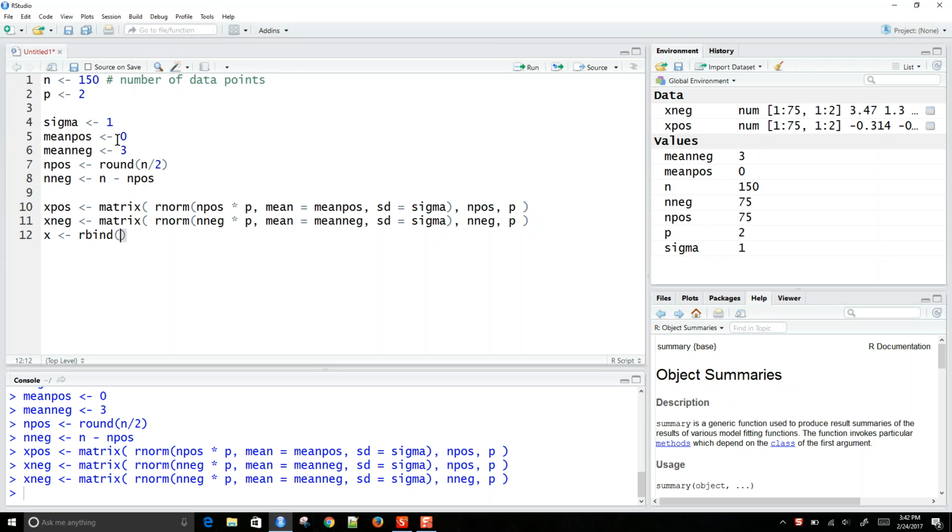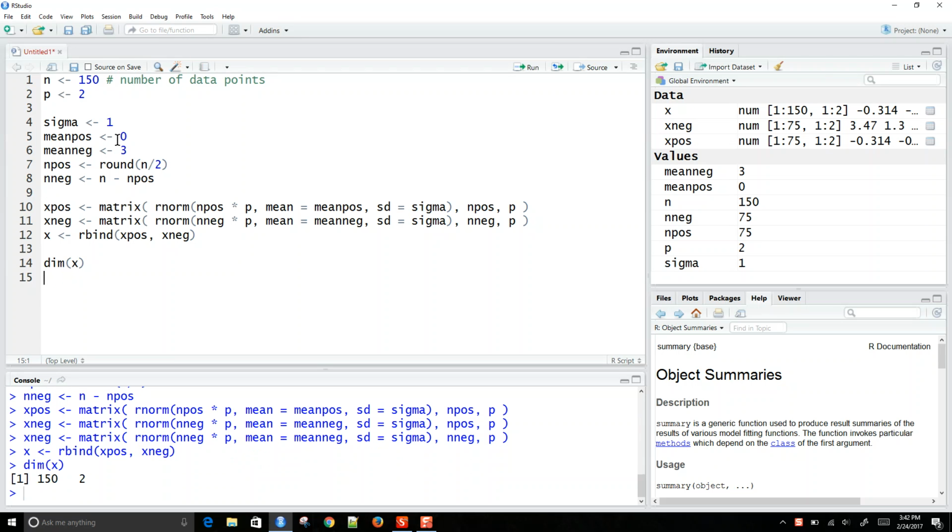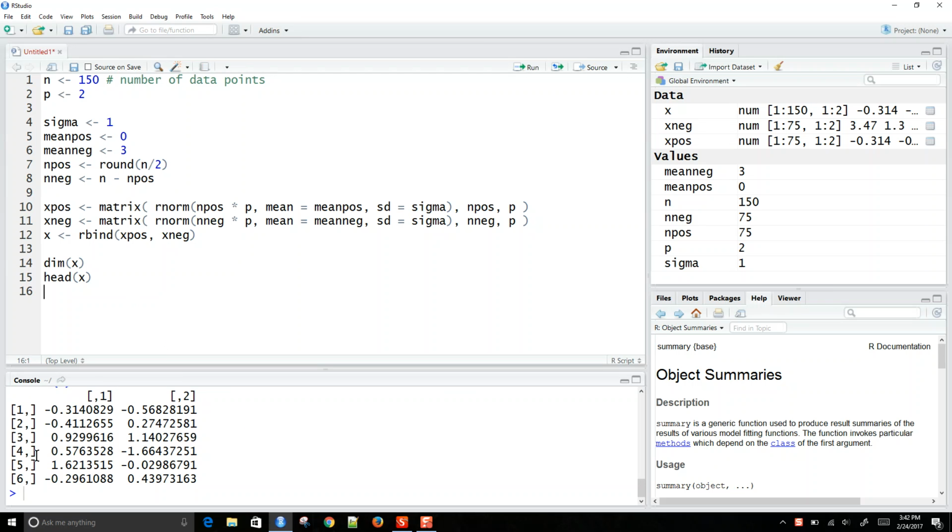Then we're going to throw them all into one matrix. I've got 150 values. If I look at the head of this, these are centered around the mean positive, which is 0, and if I look at the tail of x, they're centered around 3.